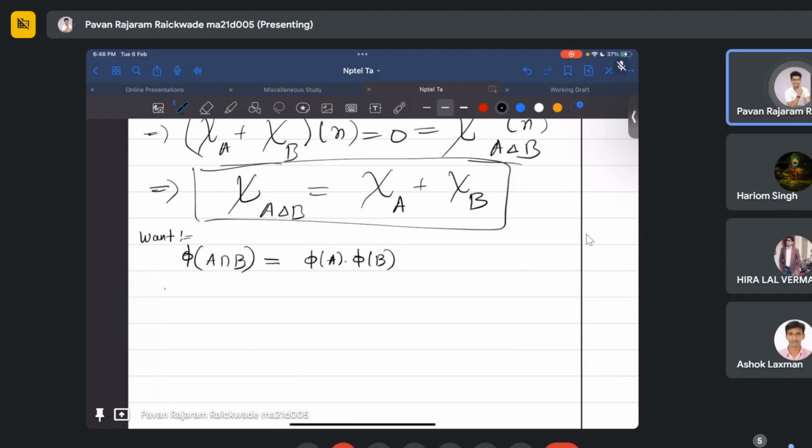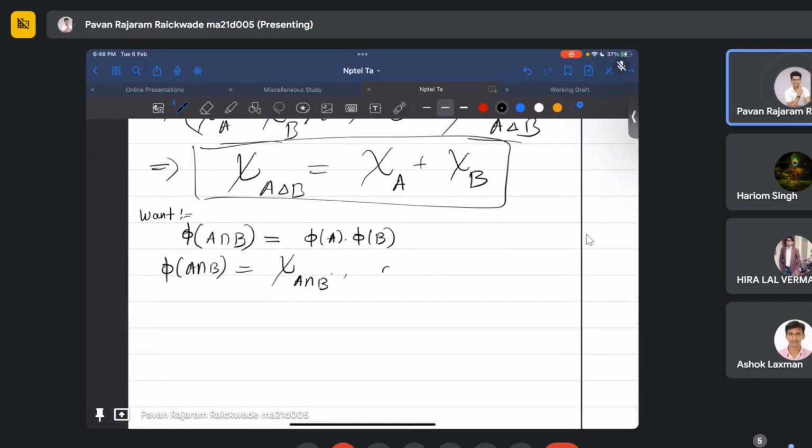So phi of A intersection B is the characteristic function of A intersection B, and phi A is the characteristic function of A, phi B is the characteristic function of B.